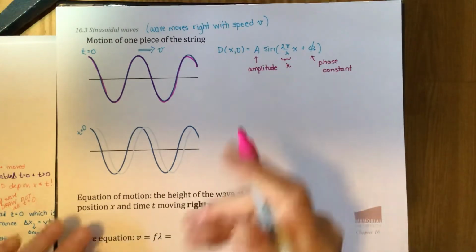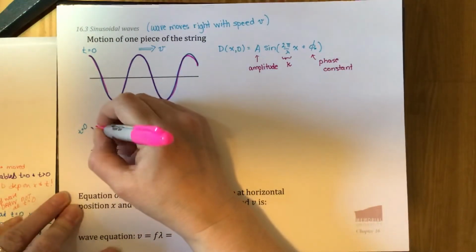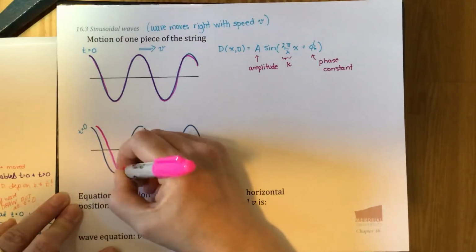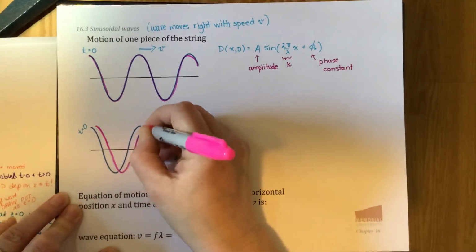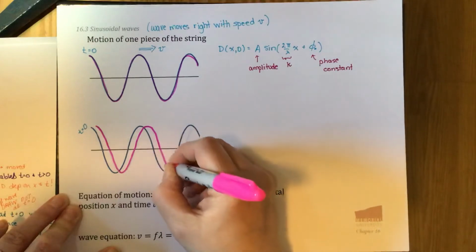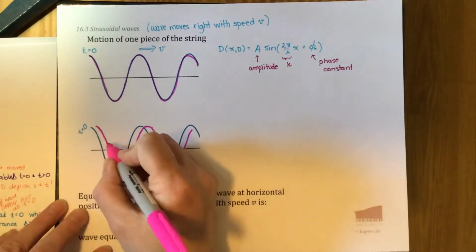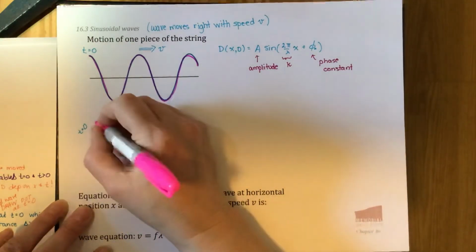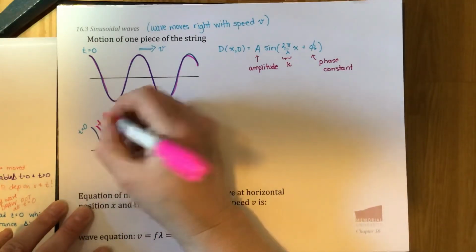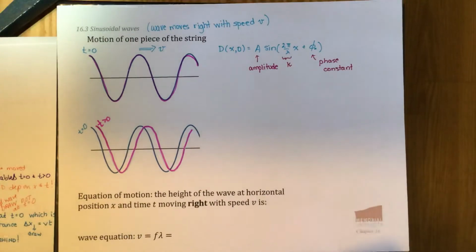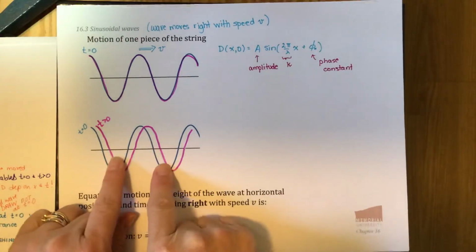So a little bit of time later, it moves to the right. So let's draw that wave shifted over to the right by a little bit. Because that's what happens over time, it moves to the right. So this wave, the one now drawn in pink, is for t greater than 0. It's moved forward a little bit. So how do we write the equation for this wave?